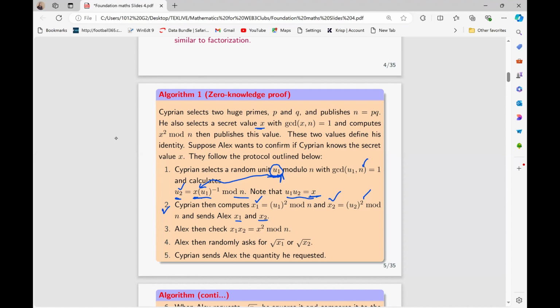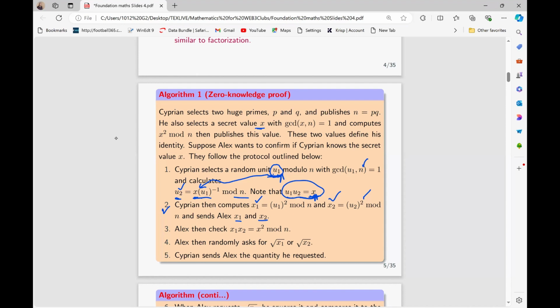Look at what he has done. He chose u1, got its inverse, multiplied by x, and that gives you u2. He knows that u1 and u2 give you x, but he is not giving u1 and u2 to Alex, because if he did, Alex would be able to get x.